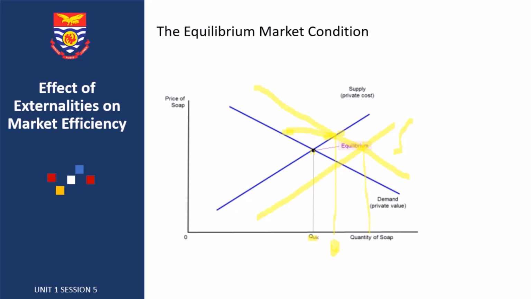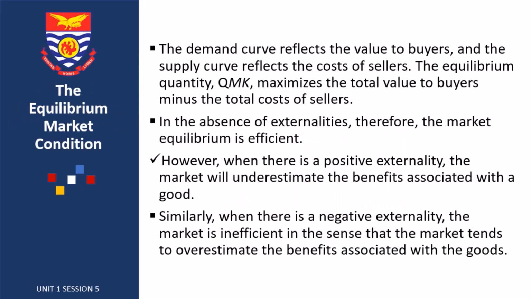So the diagrams which we drew earlier are explanations to this diagram. We are assuming that the demand curve reflects the value to buyers and the supply curve reflects the cost of the sellers. The equilibrium quantity maximizes the total value to buyers minus the total cost of sellers.